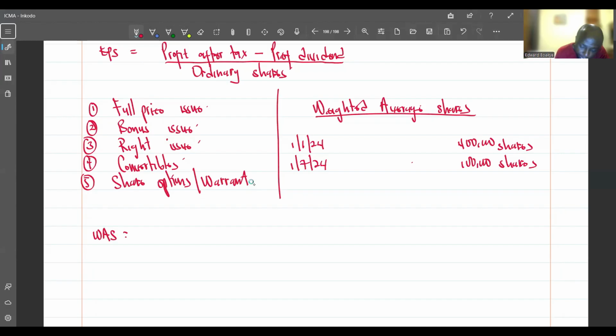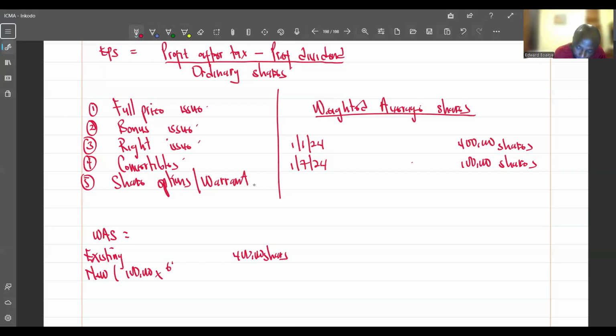So our weighted average shares is going to be what? For the existing, it was 400,000 shares. So we can't touch it. However, for the new issue, it is going to be 100,000 times 6 over, it is left with 6 months to the end of the year.